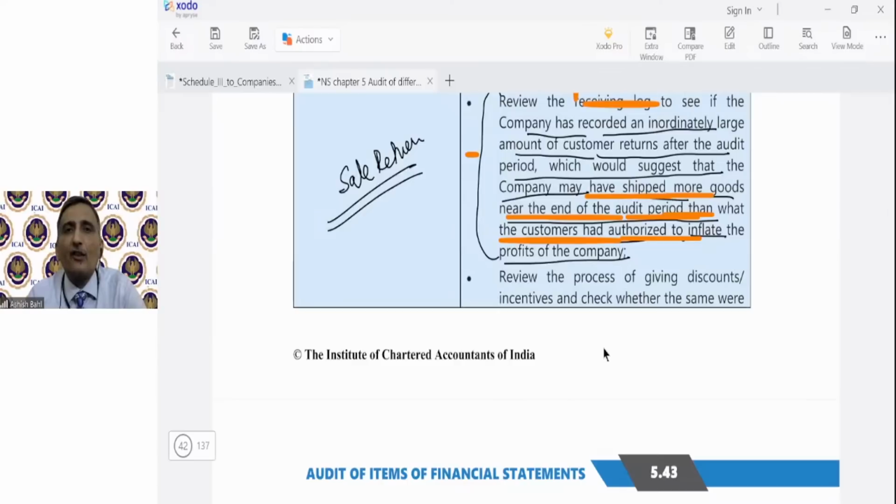Whereas in case of positive confirmation request, he asks the party to respond whether he agrees or disagrees with the information requested. Okay. So in case of negative confirmation request, the confirming party has to respond only if he disagrees.